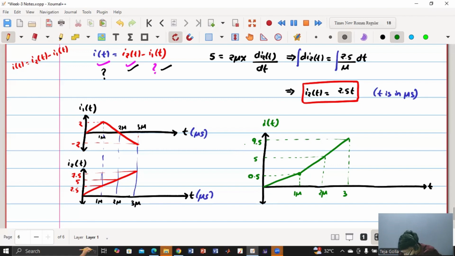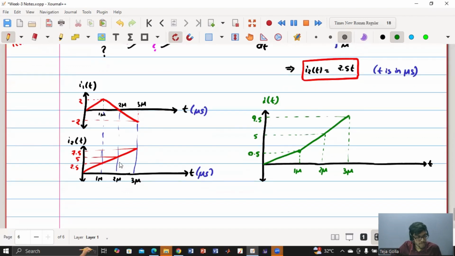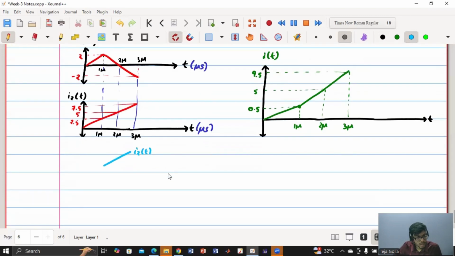Or you have doubts? Sir, from 1 micro to 2 micro, please repeat. Yes. So basically, this is the equation of I2 of t, something like this, right? This is I2 of t. And this is I1 of t, so this will be minus I1 of t.